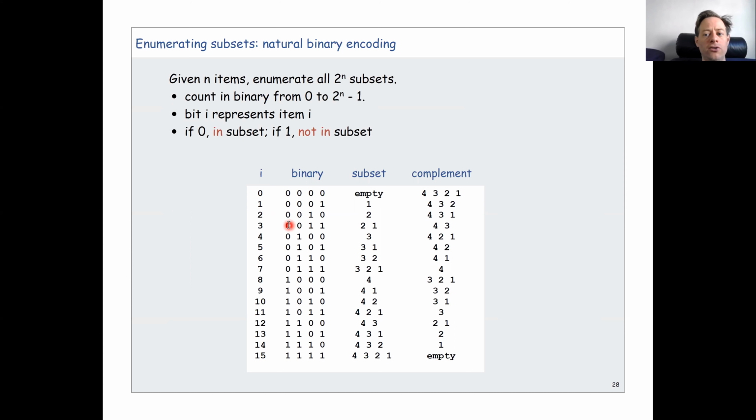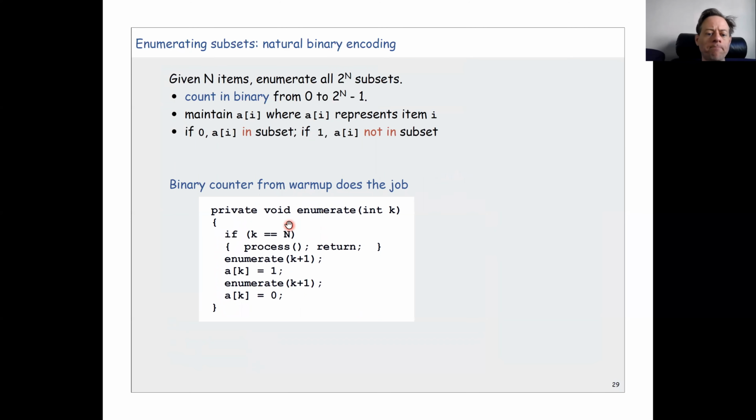So then you can basically just do a for loop from 0 up until 15, then do something. But here we're generating the subset explicitly. So in this case, we would basically do as we did in the beginning.